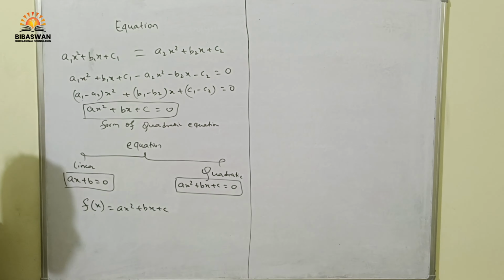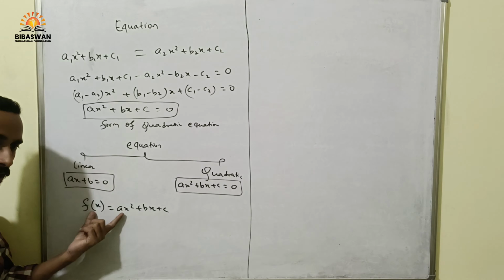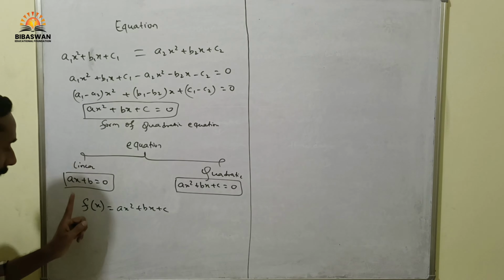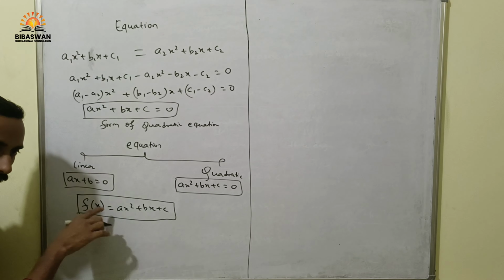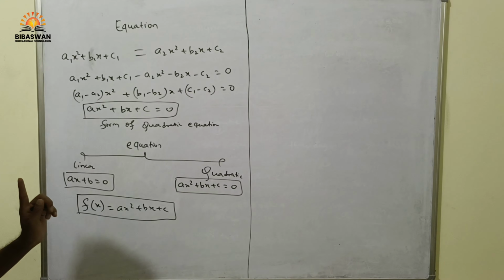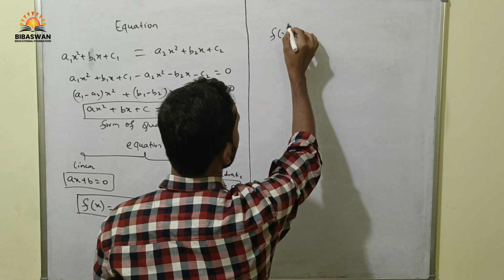A function is nothing but an equation, or we can say a polynomial. For this we represent a polynomial as f of x, p of x, g of x, any letter we can use. Understood?